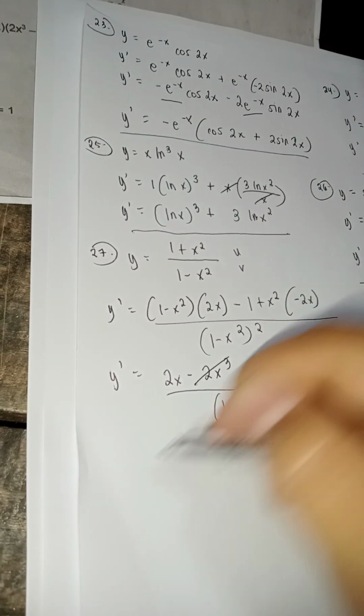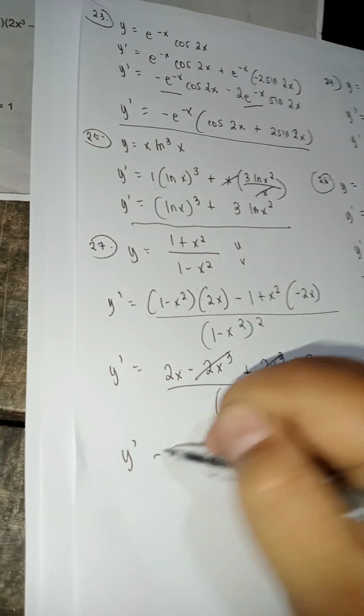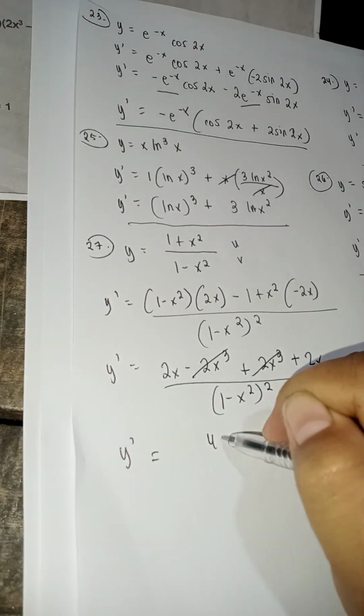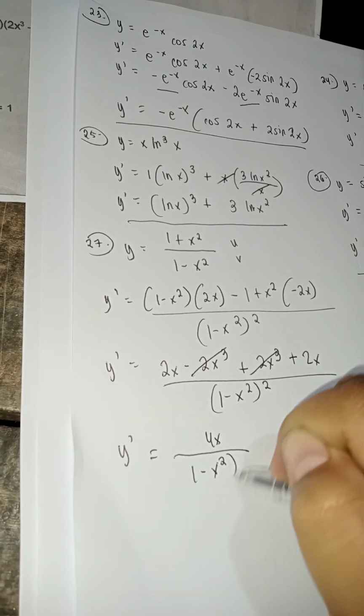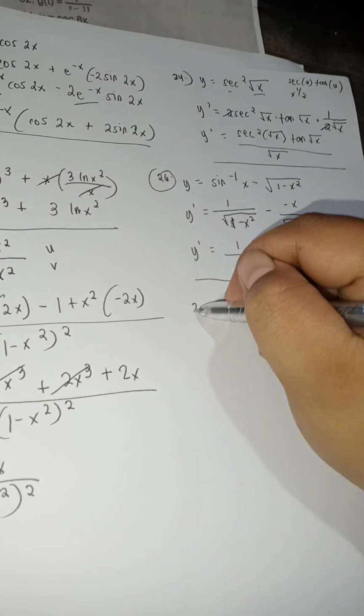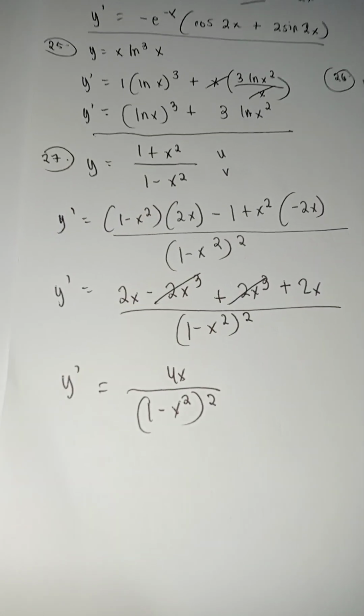Cancel this out. It remains 2x plus 2x equal to 4x over, copy 1 minus x squared to the second power. So this is our final answer for 27. Let's proceed with our 28.